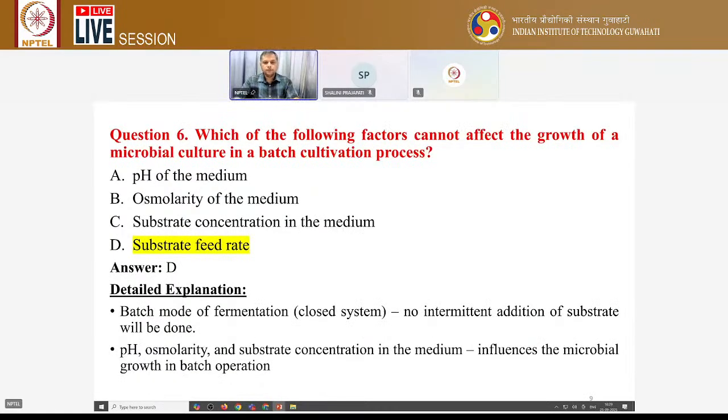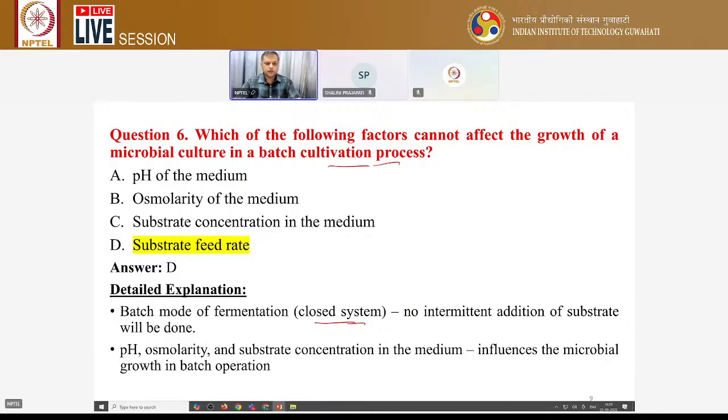Next question: which of the following factors cannot affect the growth of a microbial culture in a batch cultivation process? If you remember, batch cultivation mode is a closed system. There is no inlet and there is no outlet.